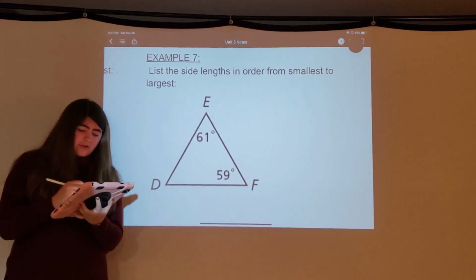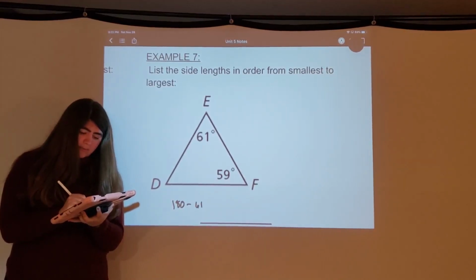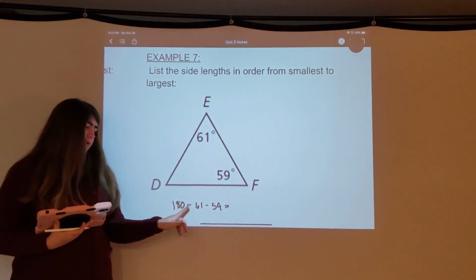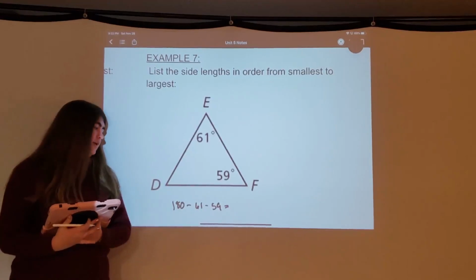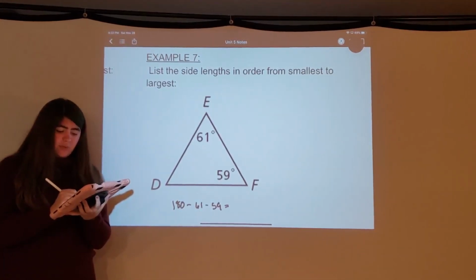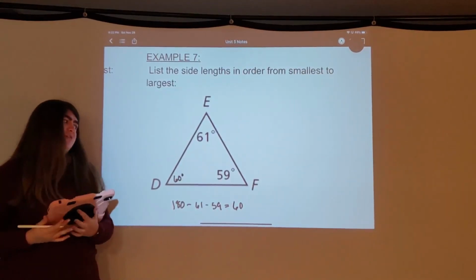So I have 180 degrees total, minus 61, minus 59. If you add 61 and 59, that equals 120, which makes our subtraction really easy. 180 minus 120 is equal to 60. So our missing angle is 60 degrees.